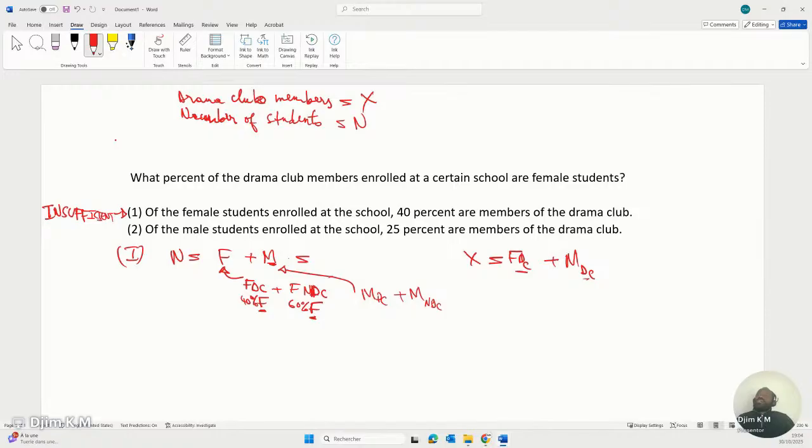Two, of the male students enrolled, 25% are members of the drama club. This is the same logic.